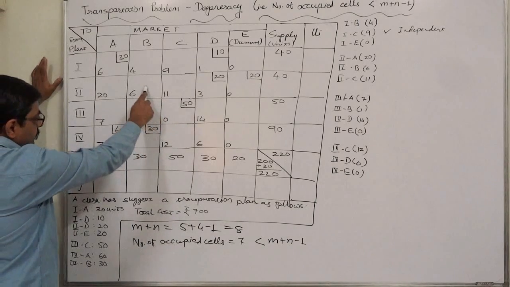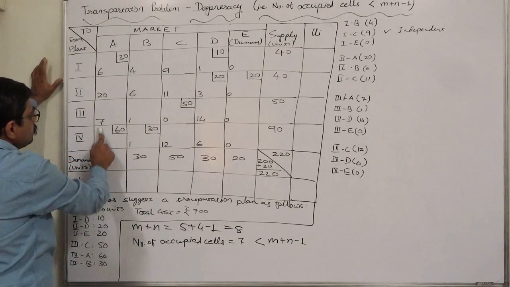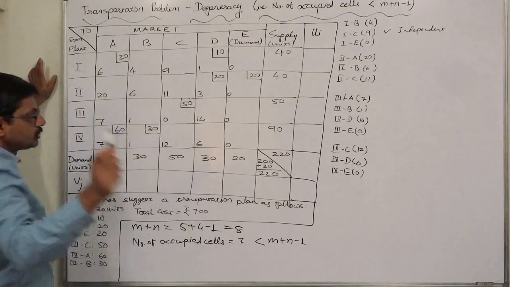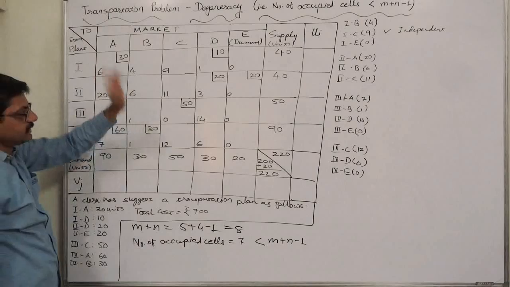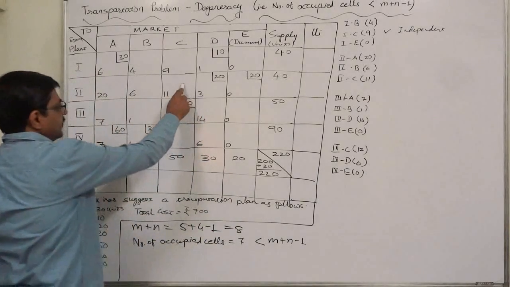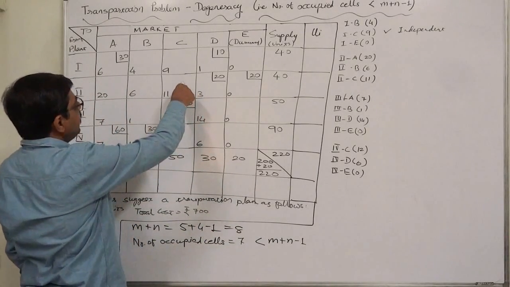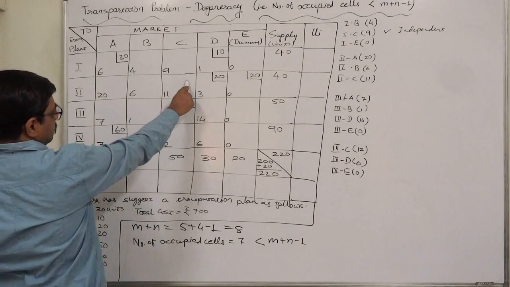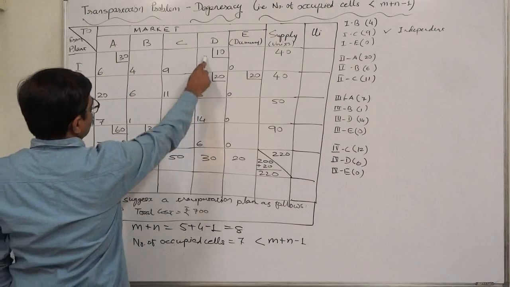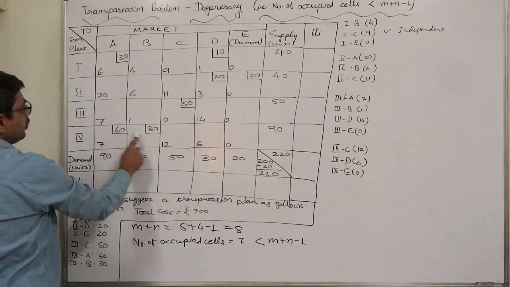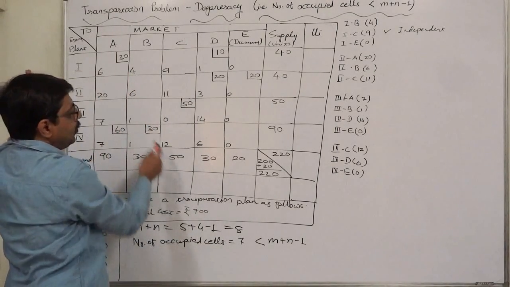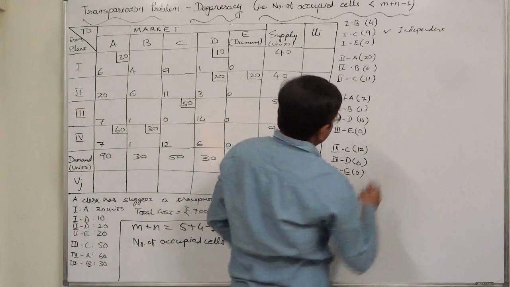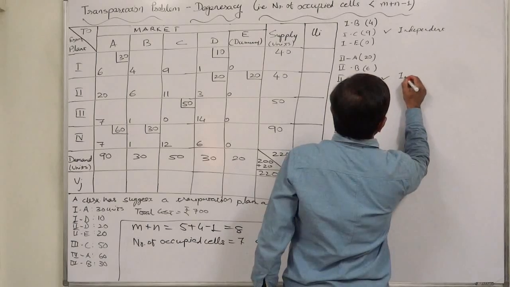Yes, it is possible. 1, 2, 3, 4, 5 and 6. Yes, a closed loop is possible from 2B, so it doesn't qualify. 1C. Can we? 1, 2, 3, 4, 5. No. From 1C we can't. So it is independent.